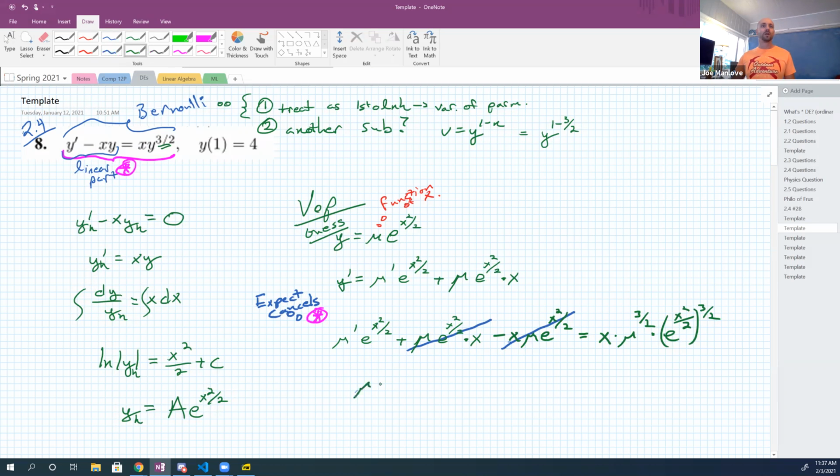In order to not lose myself, I've got mu prime e to the x squared over 2 is going to be x mu to the 3/2 times, and then this thing raised to the 3/2 power. So that's one of those, an e to the x squared over 2 times a half of one of those.